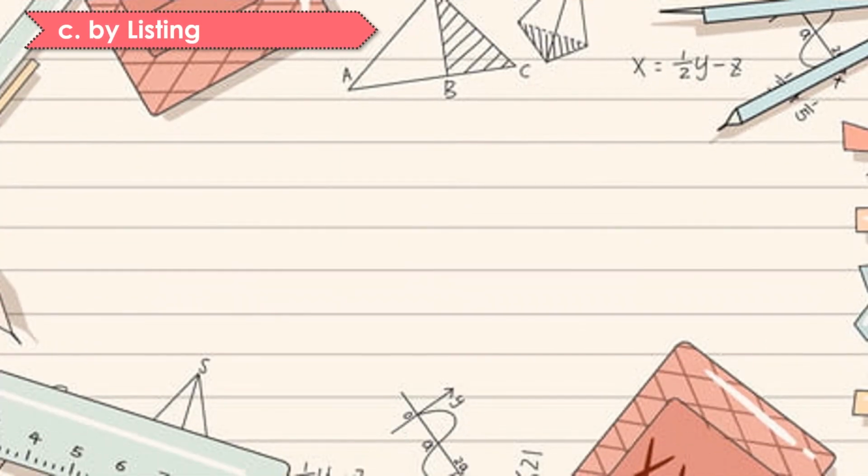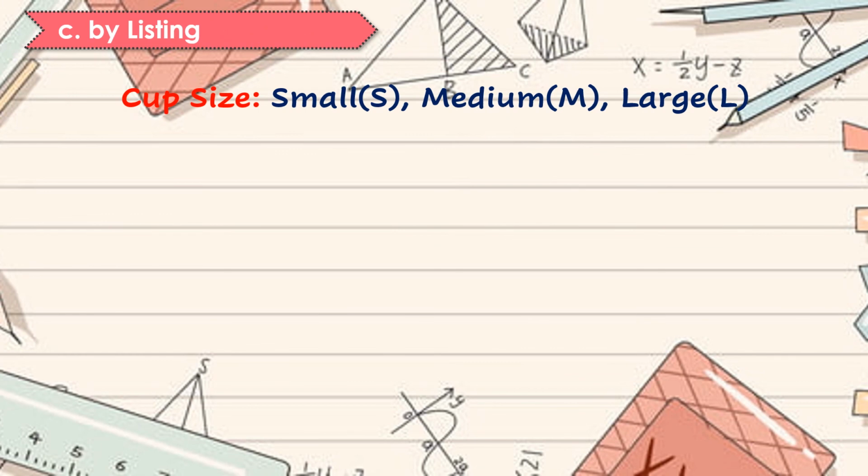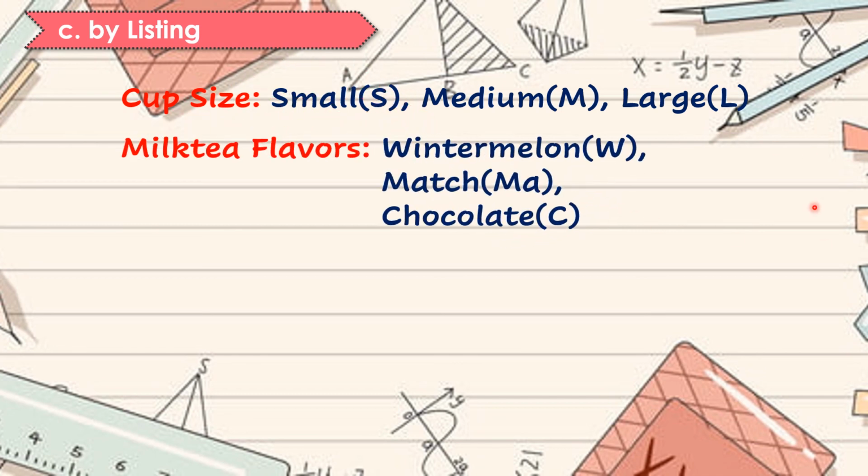By listing method na systematic, susulat muna natin ang ating mga possible outcomes. For cup sizes, small, medium, large. And for flavors, winter melon, matcha, and chocolate. So the outcomes are, unahin natin si small cup size. I-pair natin sa lahat ng milk tea flavors.